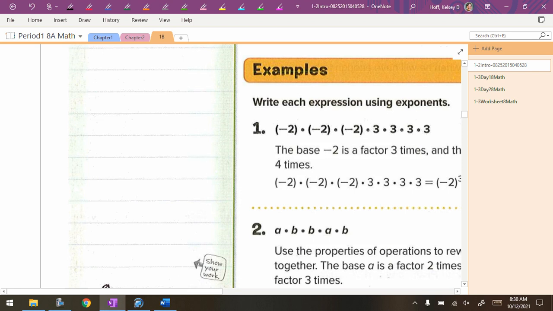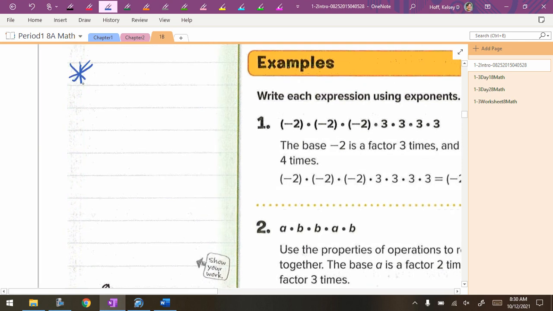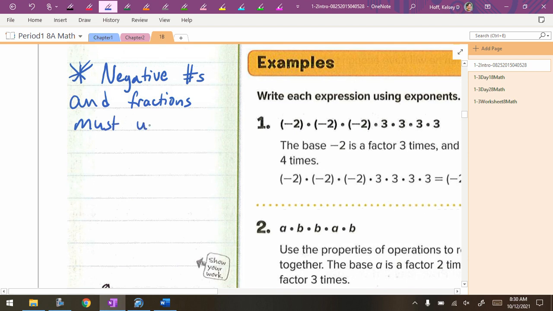We need to write ourselves a note over here. Put a star. There's a special note. Negative numbers and fractions must use parentheses.